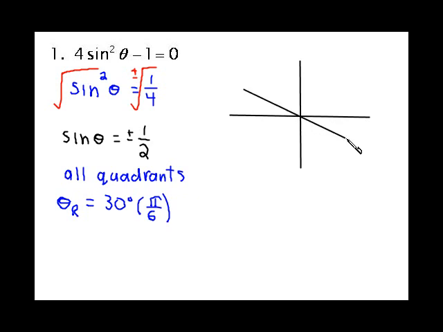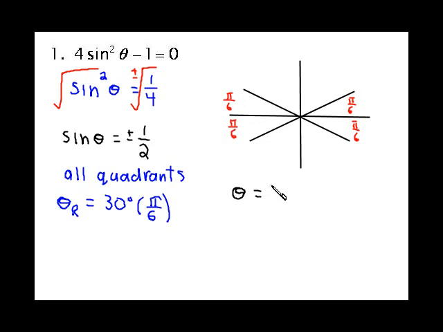And a 30-degree angle in all 4 quadrants. Just really getting a rough graph for it. And that's actually 30 degrees or pi over 6 in each quadrant. And you should by now be getting comfortable with these.